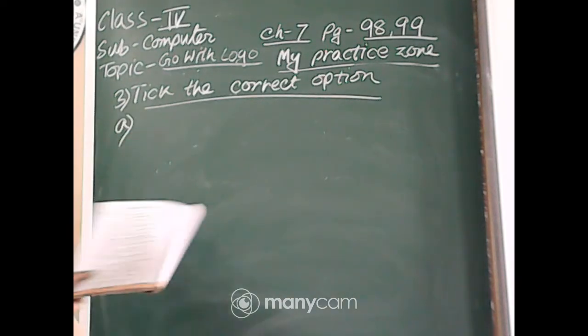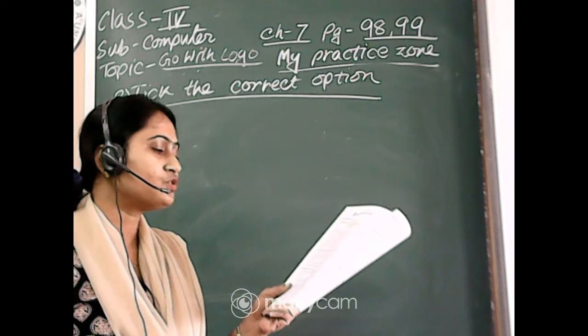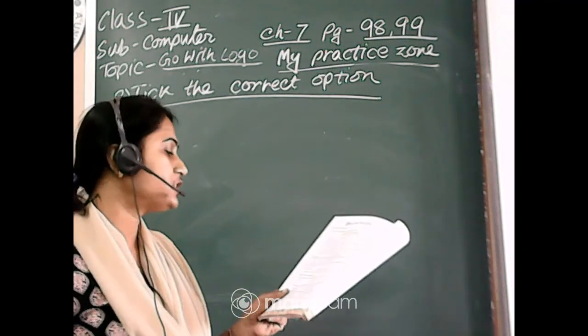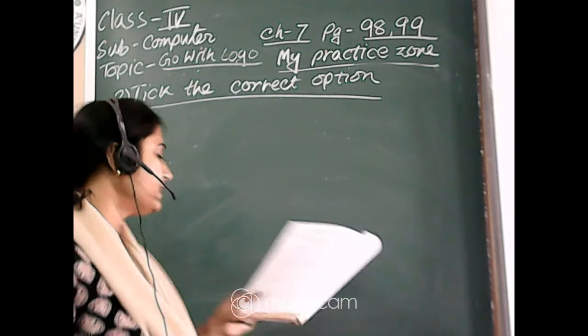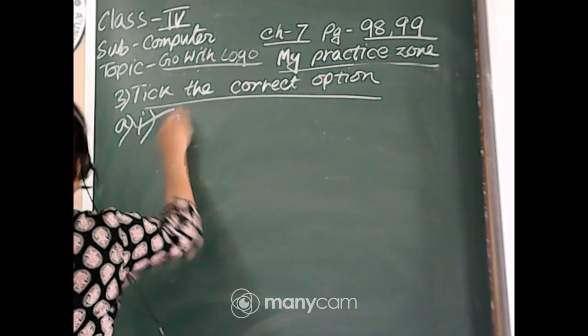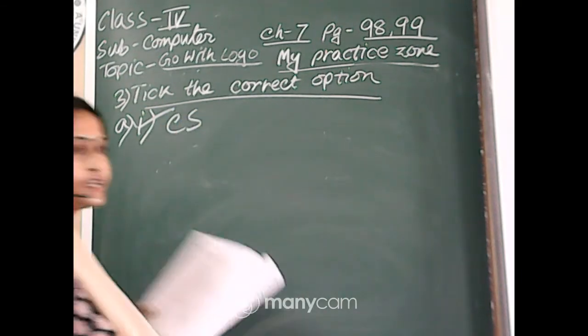Number A, which of the following primitives is used to clear the screen? CS, clear screen. This command is used to clear the screen. CS, option 1. A1 is the correct answer. CS, clear screen, in capital letters.